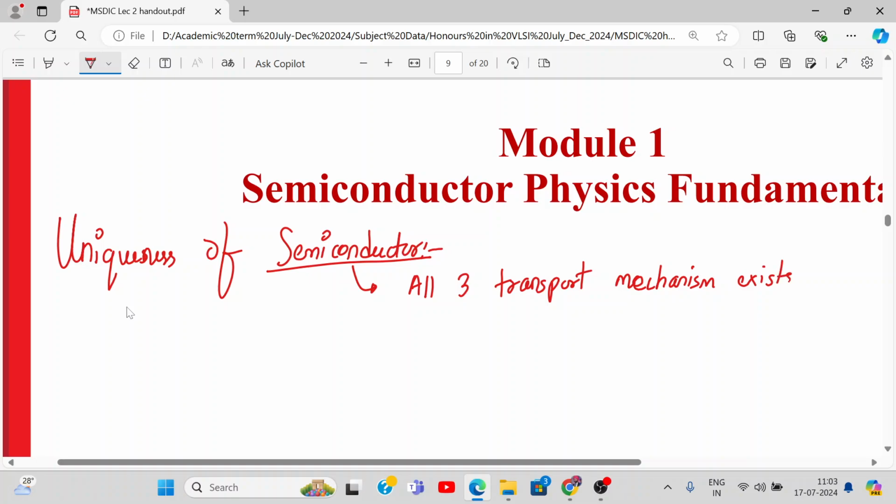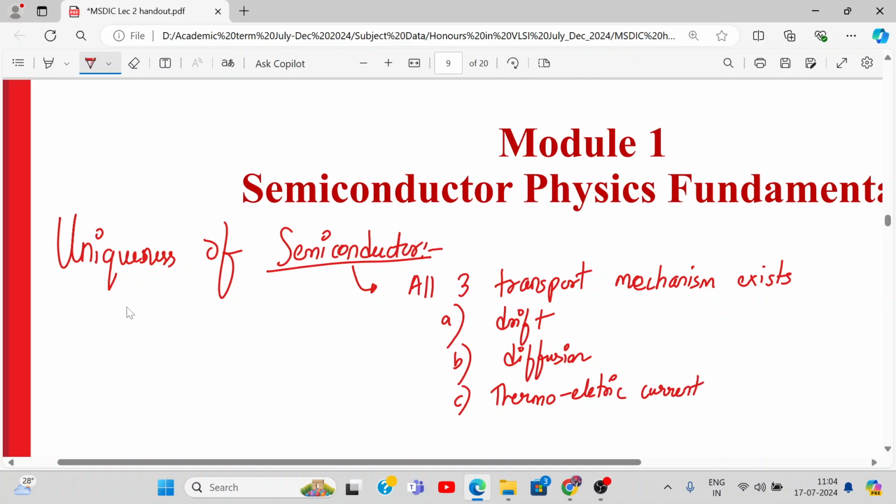Which are the three transport mechanisms we have just discussed, everyone? Drift, diffusion, and thermoelectric current. So all three exist in semiconductors. That is why we can make different kinds of devices and have very interesting applications.